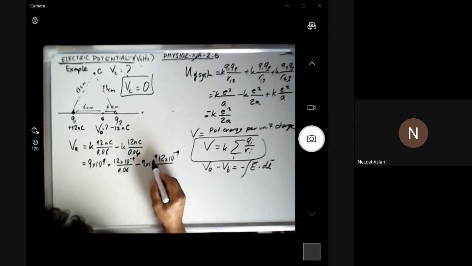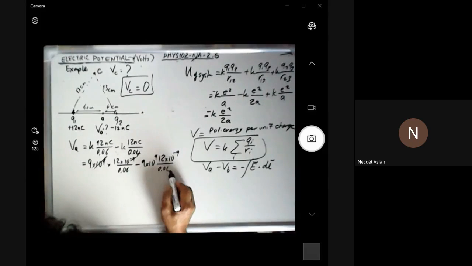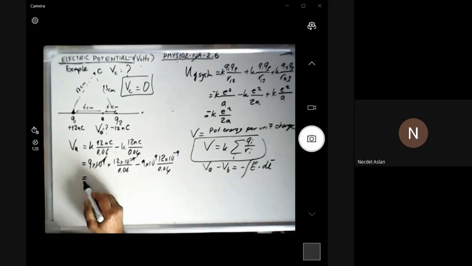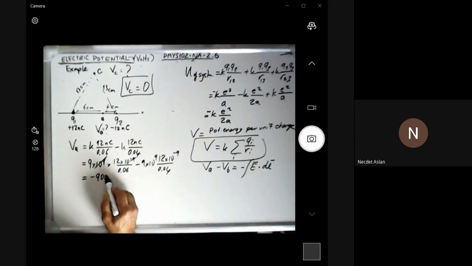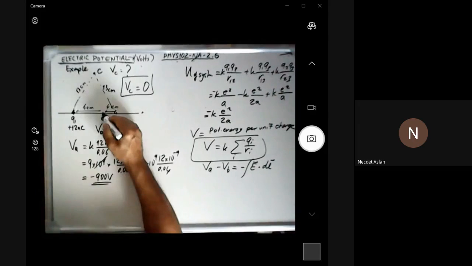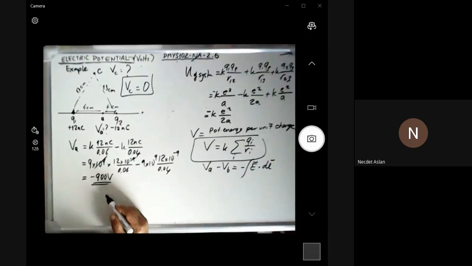So they cancel each other, as you see. This 9 and minus 9 cancel each other, and then 0.04. So the result from here is going to be simply minus 900 volts. So here the voltage is going to be minus 900 volts.